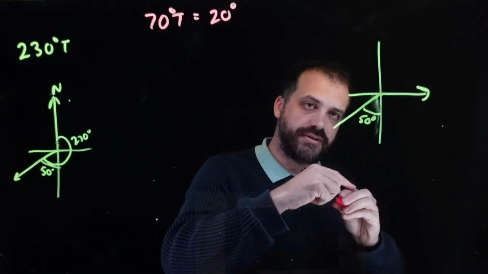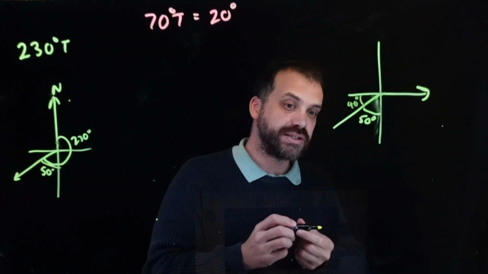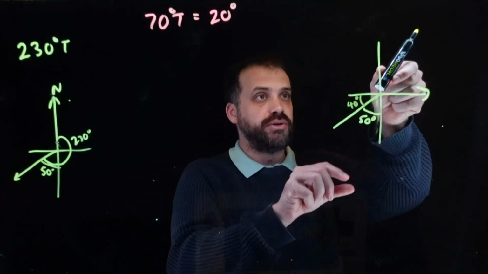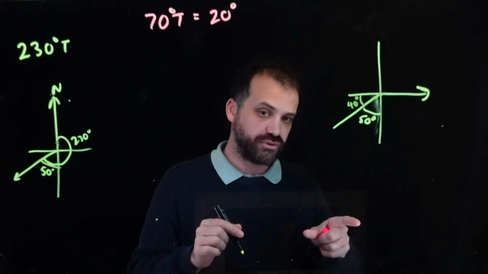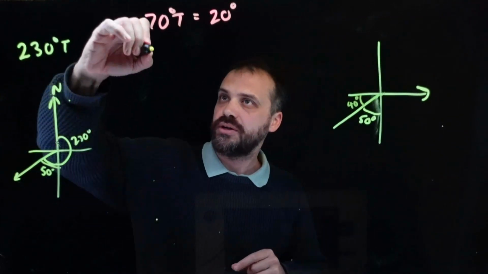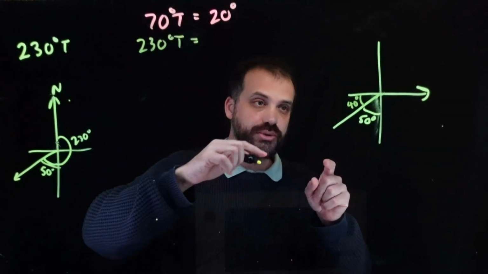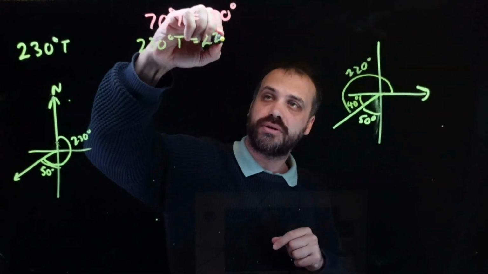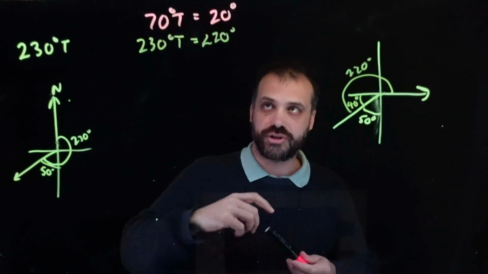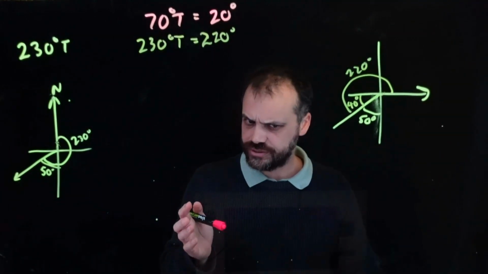If that's 50, this bit's 40. Which means that the whole thing is 90, 180. 180 plus 40 is 220. So, 230 degrees true is equal to, in math talk, 220 degrees. Hopefully that's not too confusing.